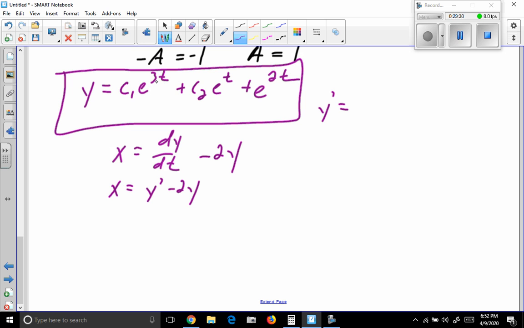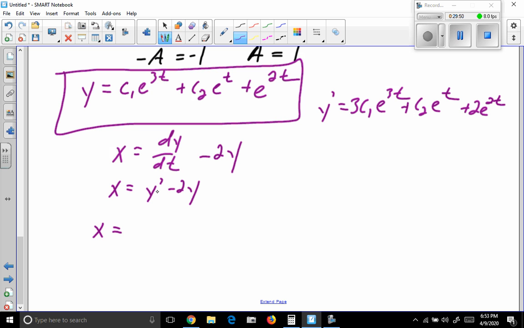So the derivative of this is 3 e to the 3t, so times c1. The derivative of this power is 1, so we get c2 e to the t is the derivative of the middle term. And the derivative of the last term is 2 e to the 2t.